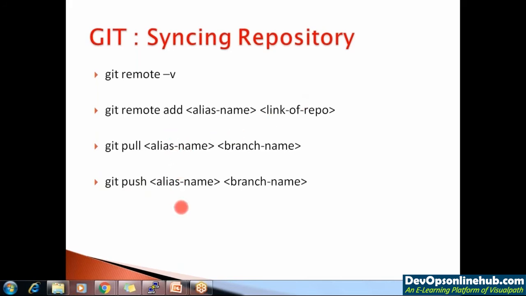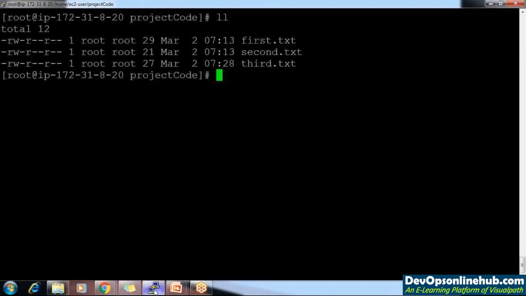If you don't want to create the alias, you just write the link here. But it is best practice and advisable to create an alias of your link, which will reduce your efforts. So this command will check the remote, if you have any remote or alias on your machine.